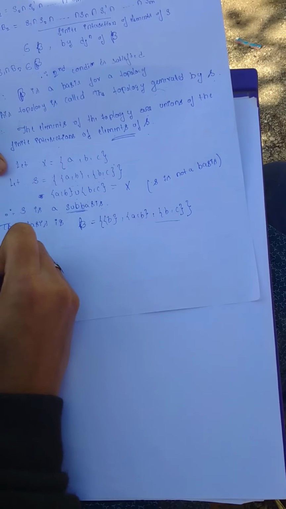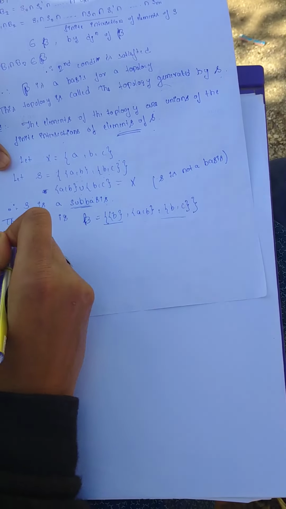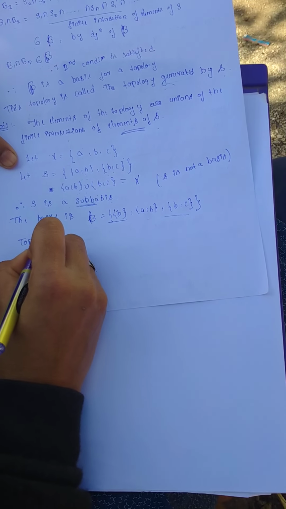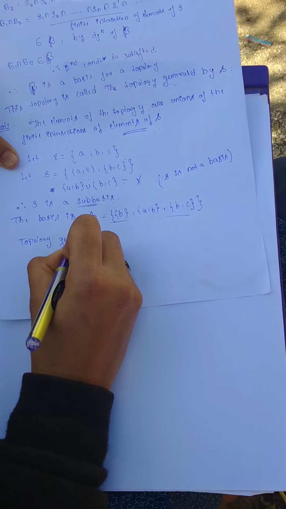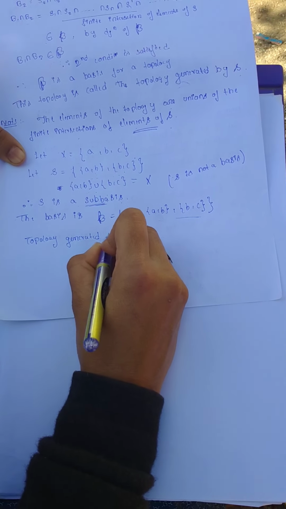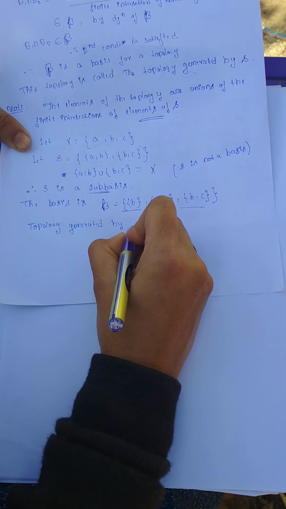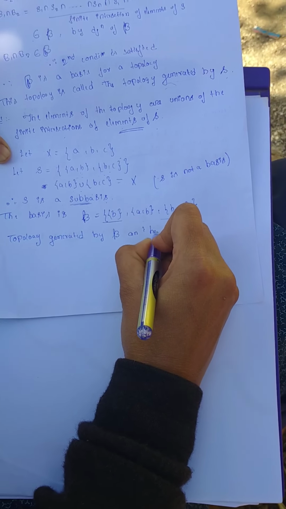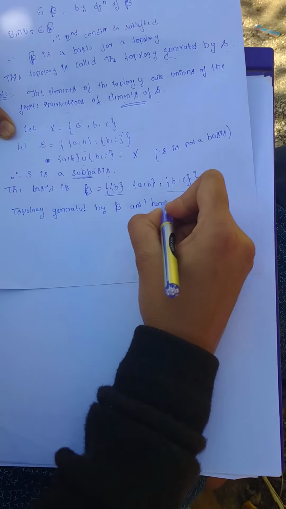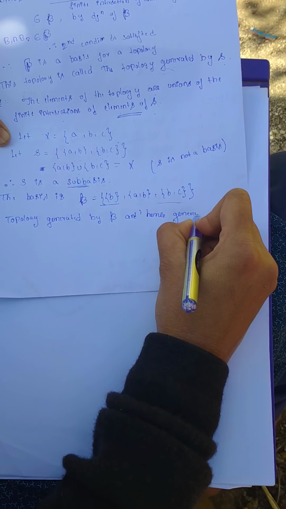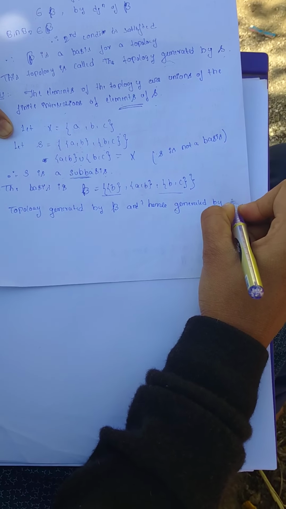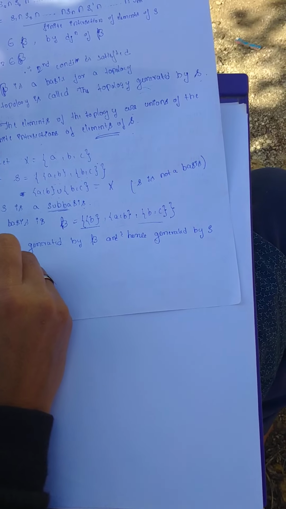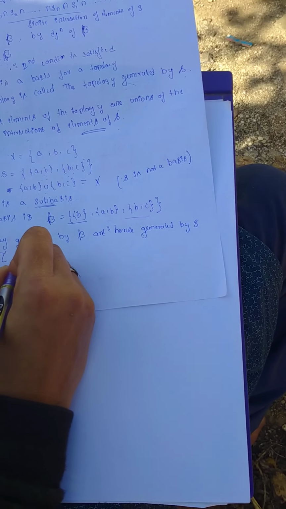So this is a basis, and the topology generated by B, and hence generated by S, is tau.